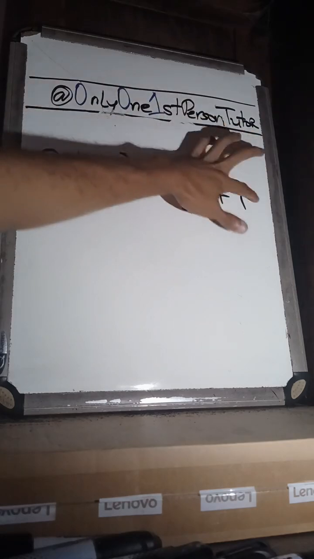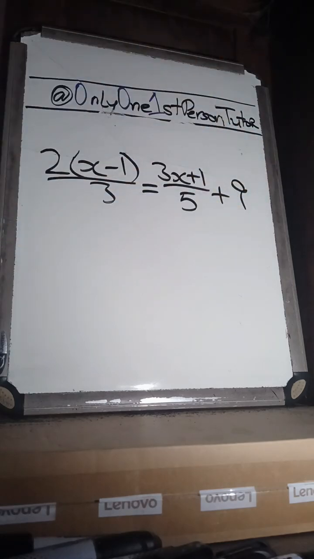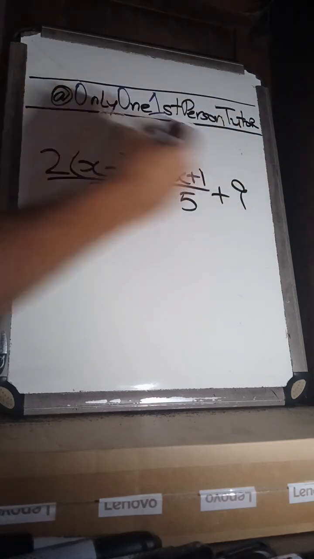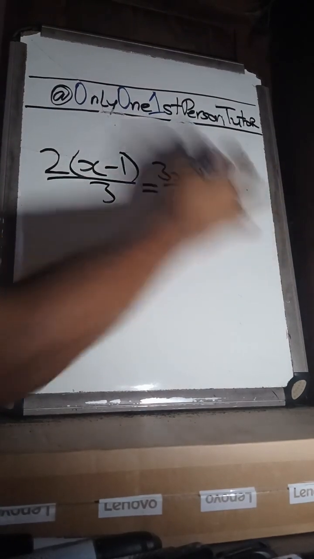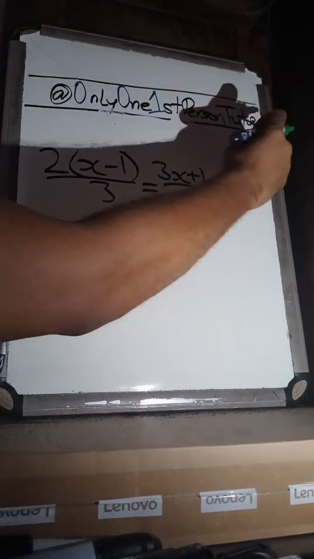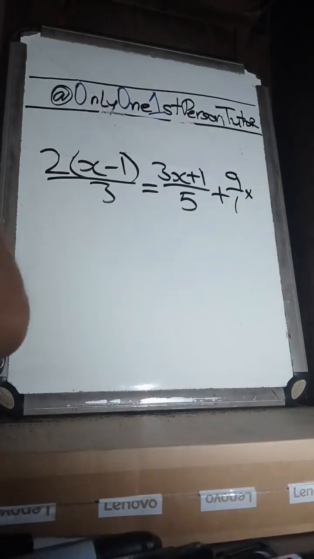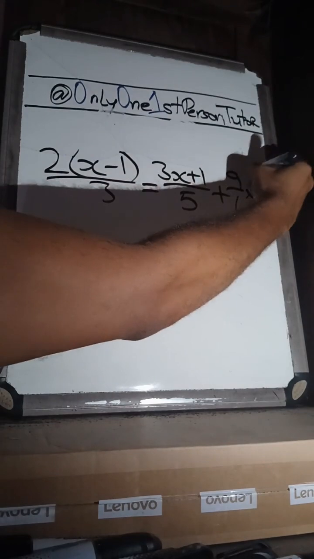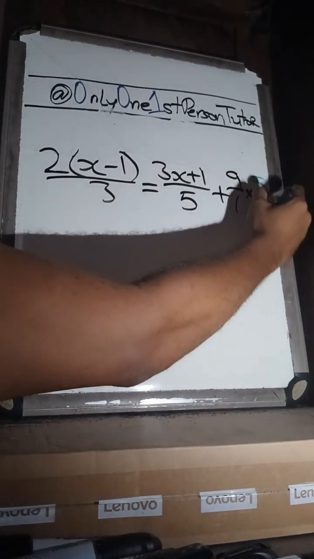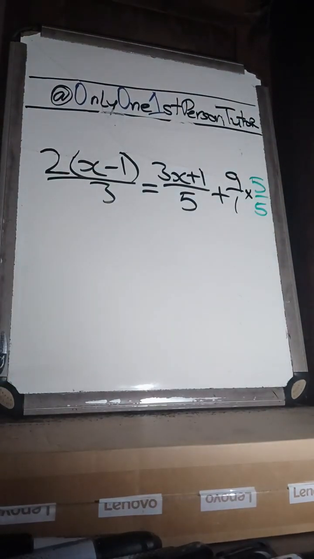If I multiply this by 5 over 5, so this is the same as 9 over 1, right? So that's 9 over 1, and we'd multiply this by 5 over 5. So that would be 45 over 5 plus that number right there, right?